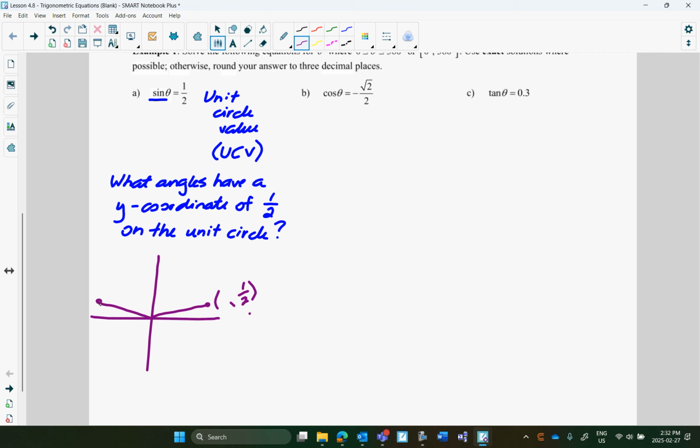In this one, the y coordinate is also 1/2. What angle is that one? 150 degrees. So your answers, your solutions, 30 degrees and 150 degrees. And that's it.